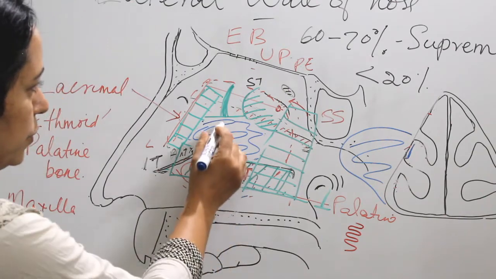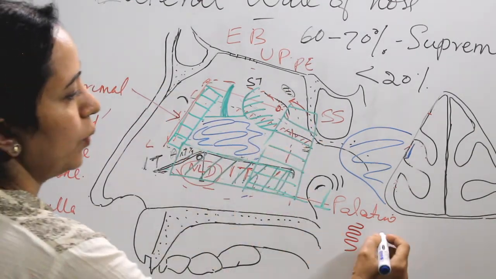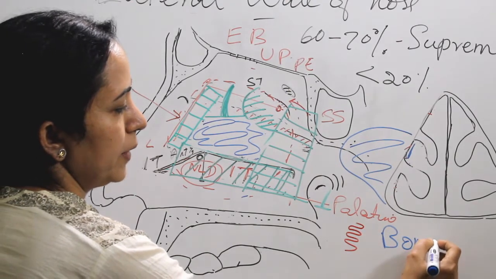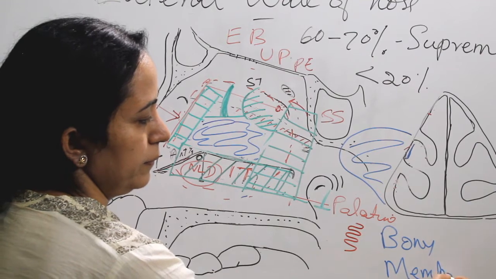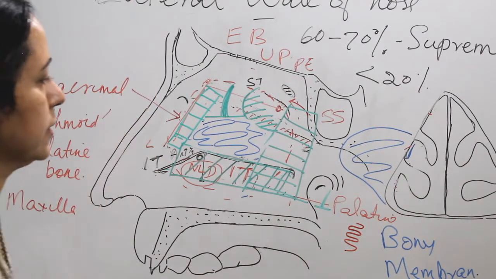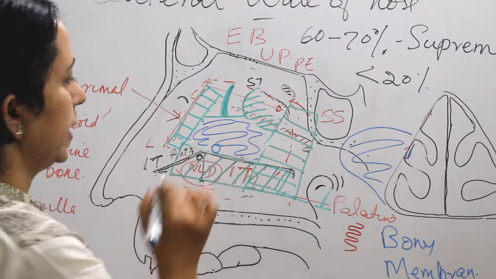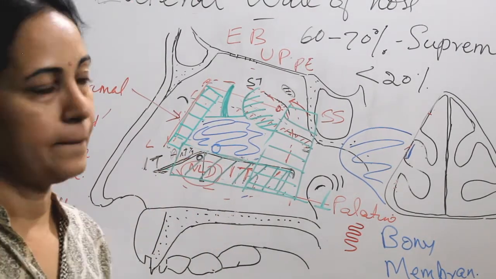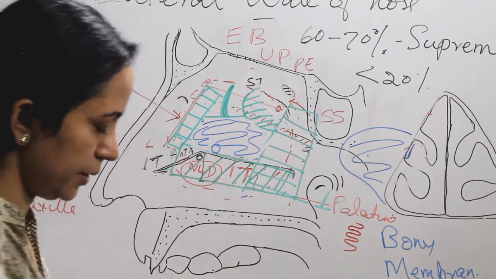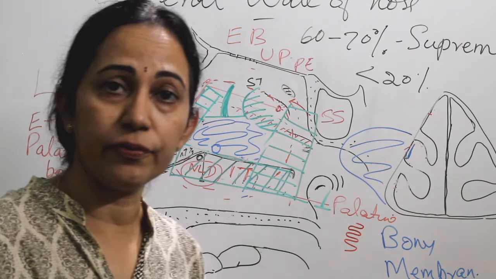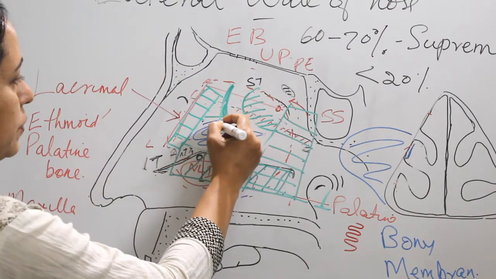Okay, so this lateral wall of the middle meatus has a bony area, and there is also a membranous area. And below that there is also the natural ostium, and this membranous part is divided in life by the uncinate process. There comes the continuation of the uncinate process like this.